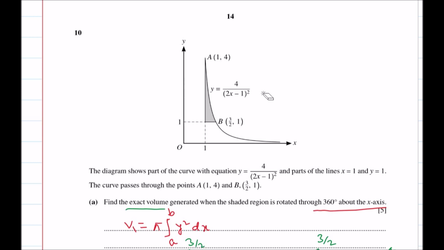If you are drawing tangent at B, it will go like this. Right? It is tangent at B.